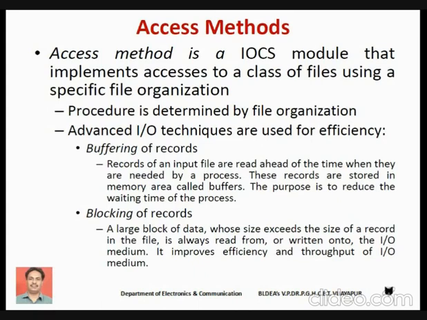If the process requires, say, the 10th record, you read the 11th record also and store it in buffers. The advantage is that when the 11th record is required, you need not access the disk. It can be taken directly from the buffers, because accessing data from the buffers is faster than accessing data from the disk.